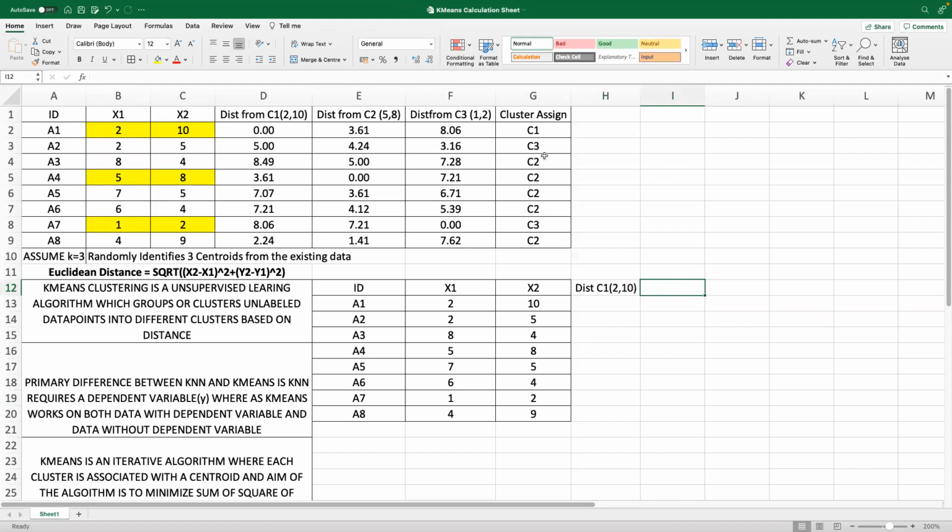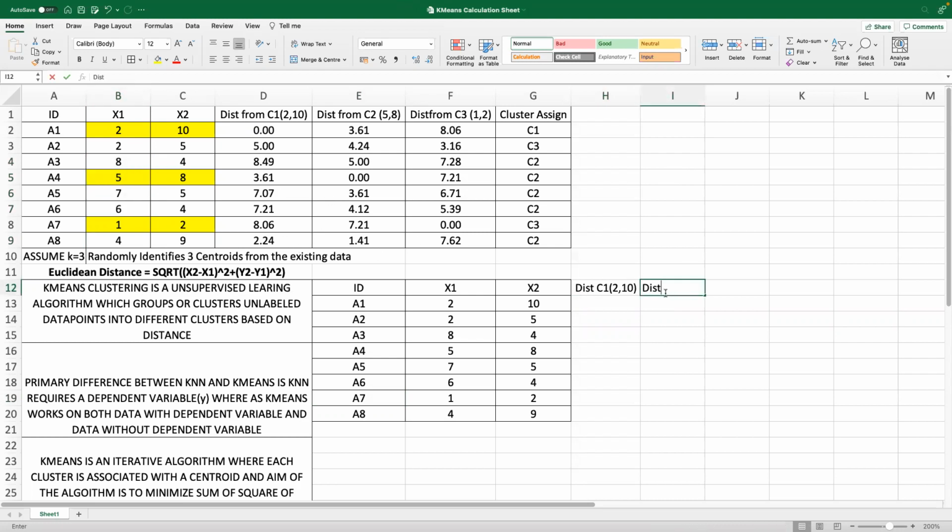Now we have C2 with multiple observations: 1, 2, 3, 4, and 5. Now, if you see the average below, 6 is the average for C2.